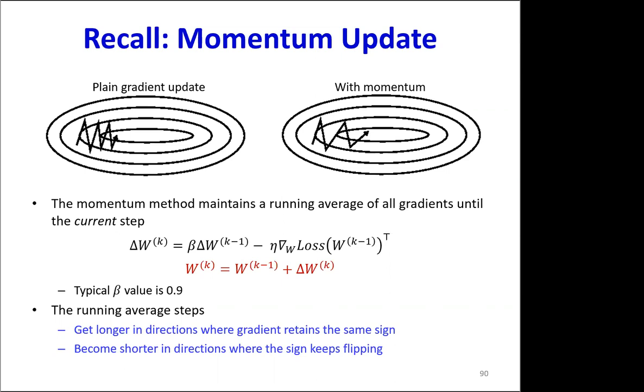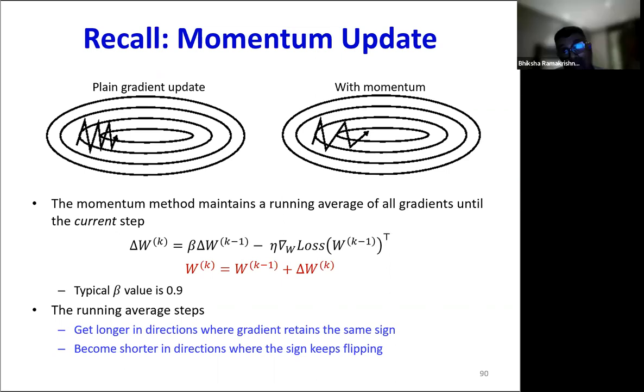Yes. Okay, so we maintained a running average of the gradients over the iterations. The running average smoothed out variations in directions where the gradient kept changing direction, whereas it emphasized the gradient in directions where it was consistent, and so you got to the solution faster.